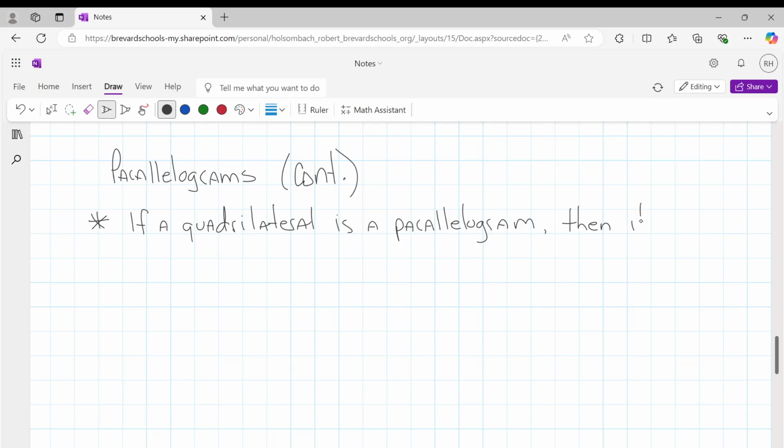Then its diagonals bisect each other. If a quadrilateral is a parallelogram, then its diagonals bisect each other.